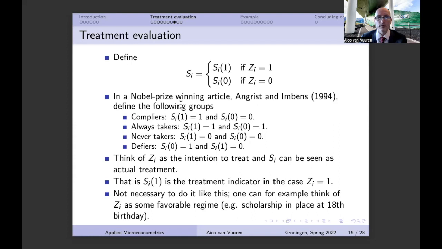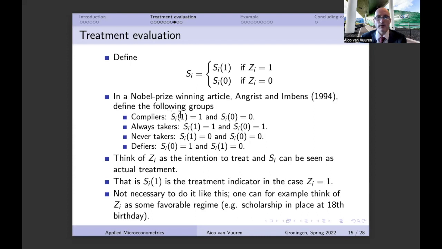Based on this particular article, these two define the following groups based on the potential combinations that you can have with respect to Si1 and Si0. First of all, we have the so-called compliers, and compliers are individuals that have an Si1 equal to 1 and an Si0 equal to 0.